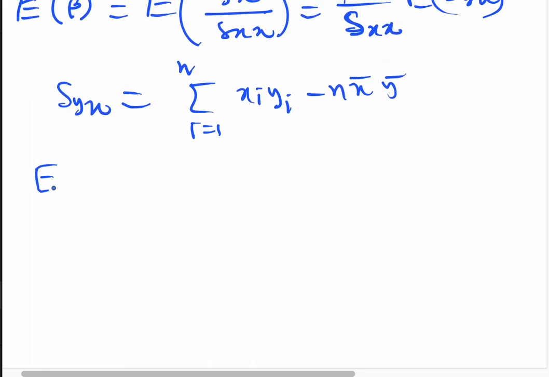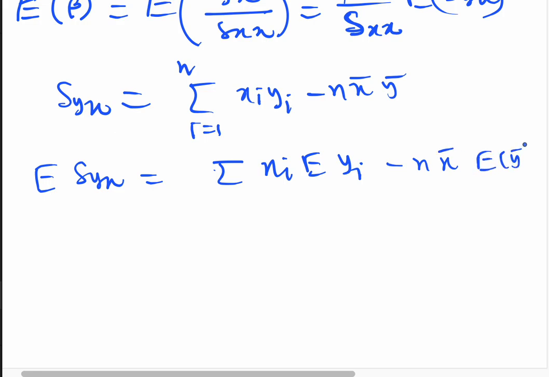Now the expectation of Sxy is the sum of xi times the expectation of yi, minus n times the expectation of x bar y bar.